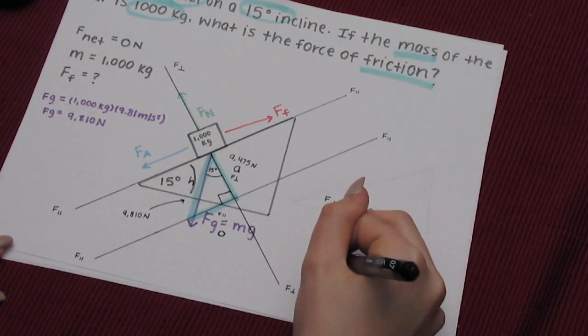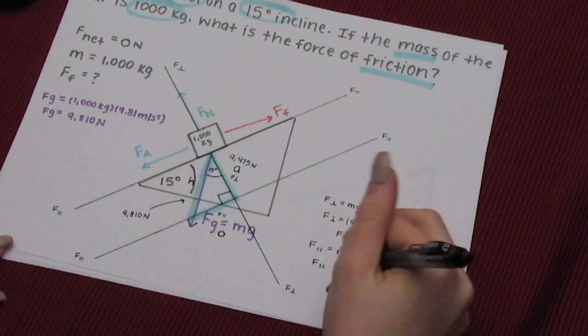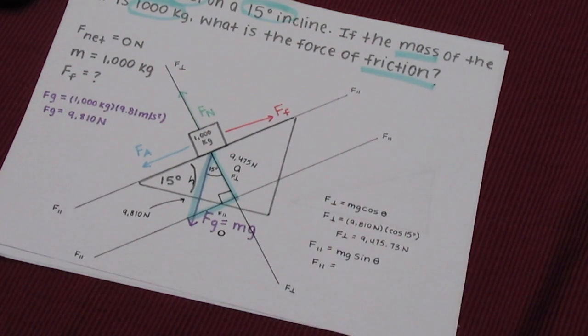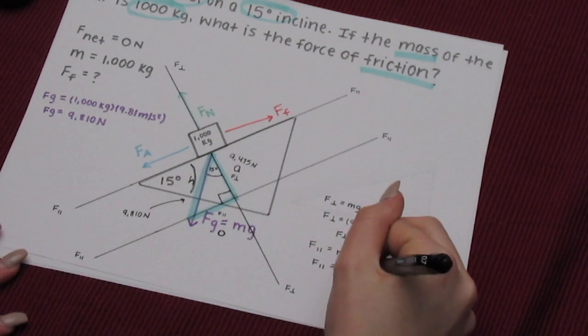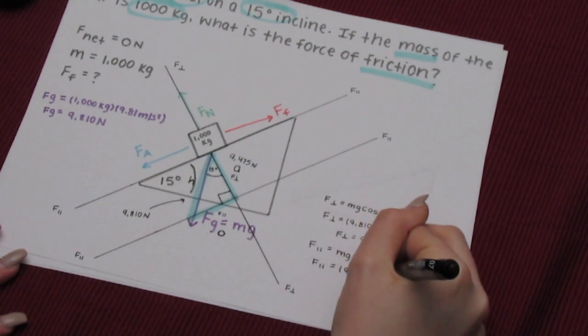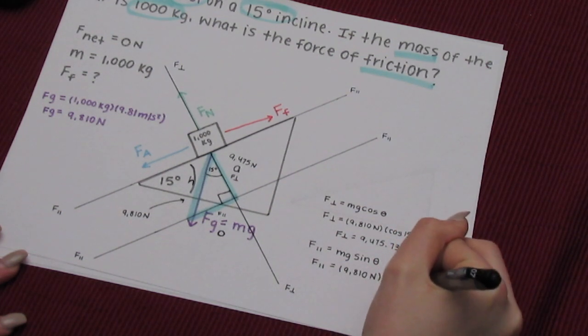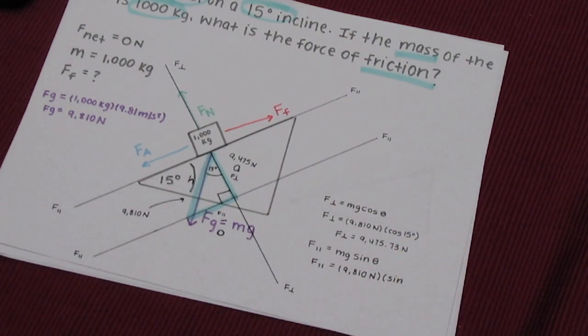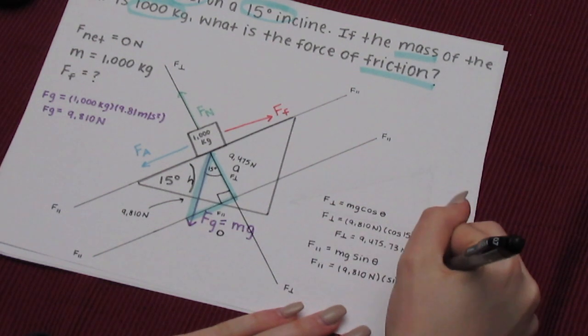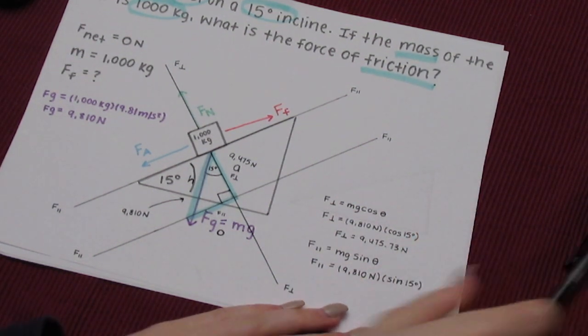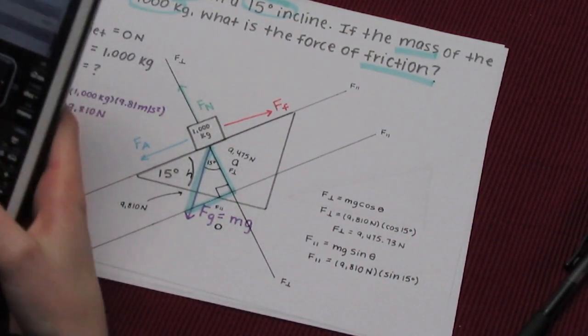So your force parallel equals your mass times gravity, which was the weight. So our mass times gravity was 9,810 newtons times sine, and then theta is 15 degrees, and then we plug that into the calculator.